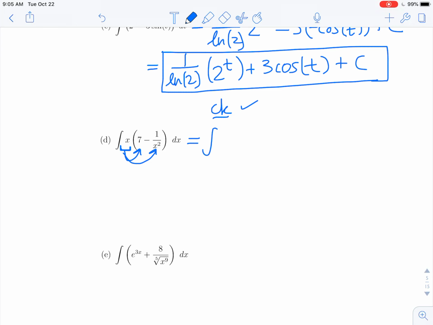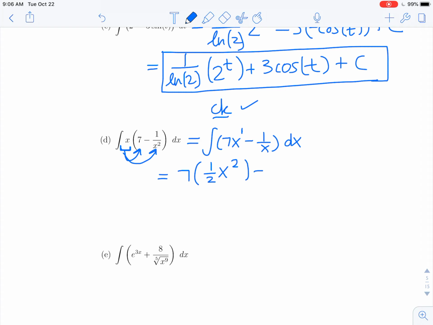So this is the same thing as the indefinite integral of 7x minus 1 over x dx. So again, drag the 7. This x is x to the first. So when you use the power rule for indefinite integrals, you're going to get 1/2 x squared for that part.